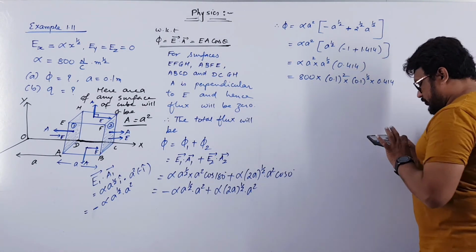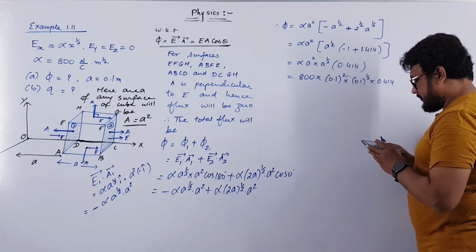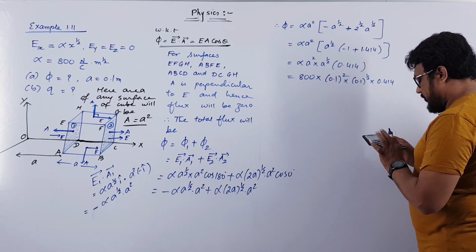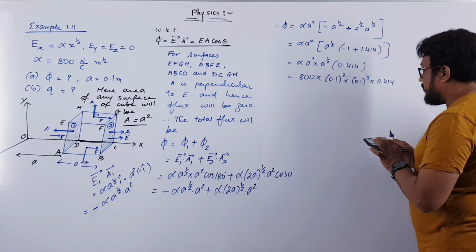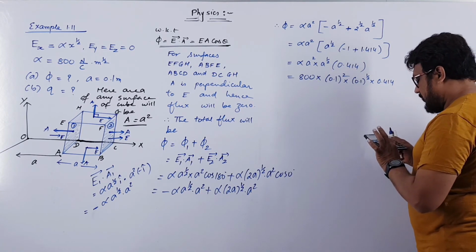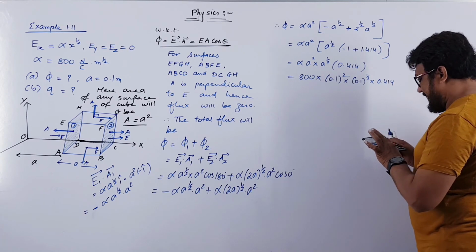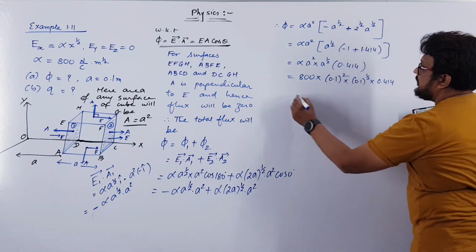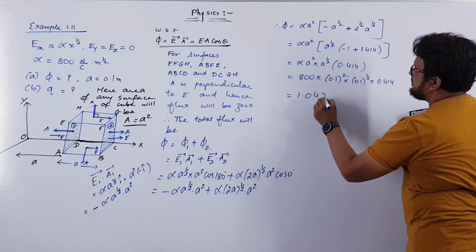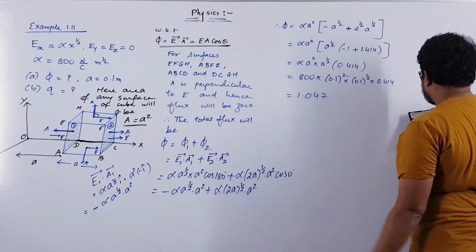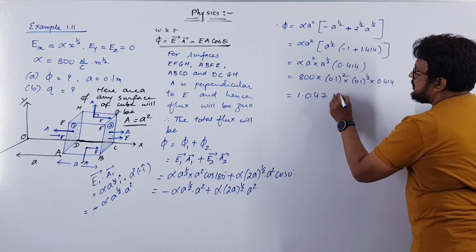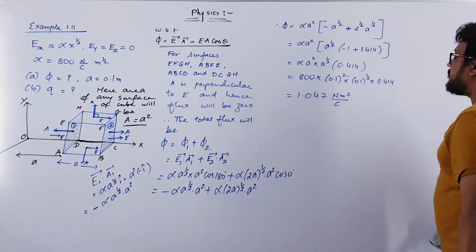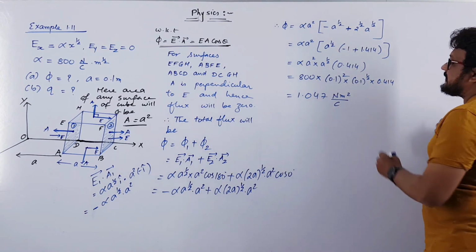The root of 0.1 is 0.316, and multiplying everything gives 1.047 newton meter square upon coulomb. This will be the flux associated with this cube.